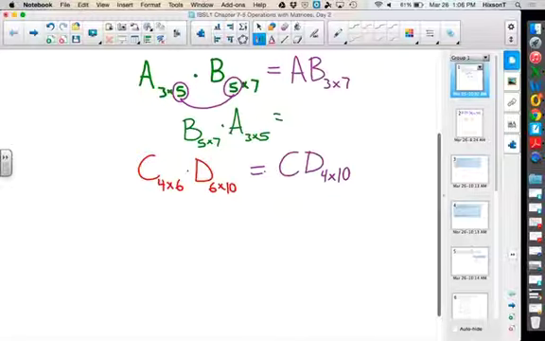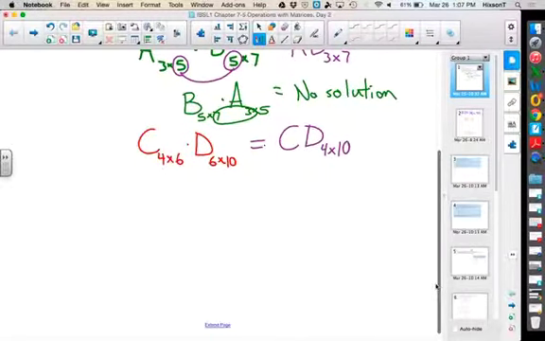No. These are not the same, so there is no solution here. It's undefined. Matrix multiplication is undefined for matrices that don't have the right dimensions. Now, as we'll see later on, even if you are able to multiply them, that doesn't mean you're going to get the same result. We'll see that when we work through our examples.